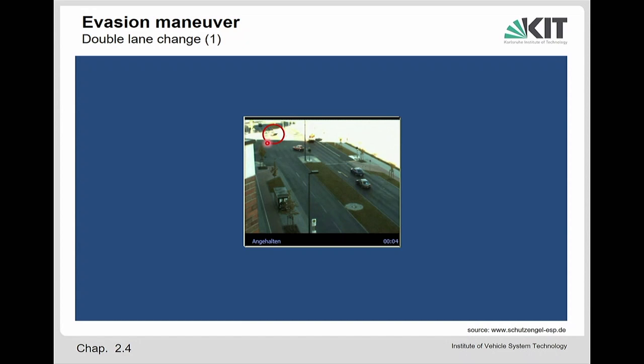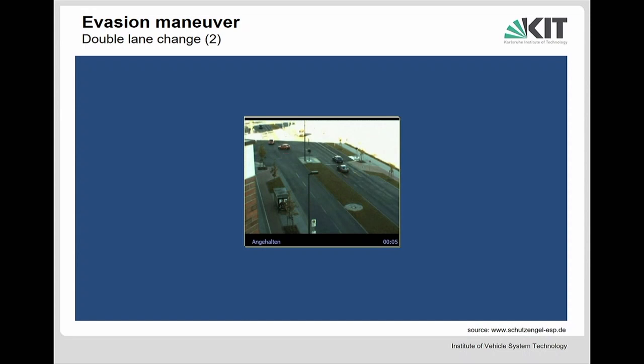And this car here in the red circle is now running into problems, because the car in the orange circle is a little bit too far on the track. You can see now it is here on the track of this car coming from behind. So this car needs to evade, and it steers to the right. It was driving straight forward, and now it steers to the right in order not to hit this car.